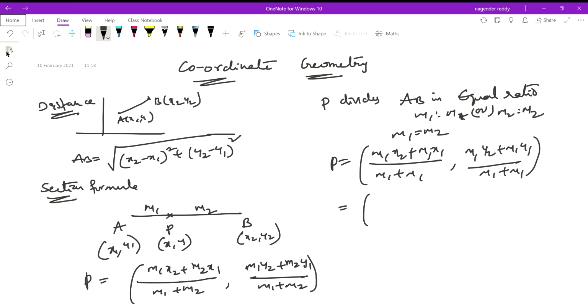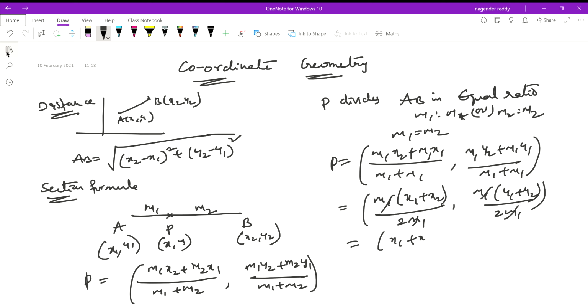What is common? m1 is common, into x2 plus x1 or x1 plus x2, because it is commutative. Then m1 plus m1 is 2m1, comma, if you take m1 common, then y1 plus y2, by 2m1. The m1 gets cancelled, then you have (x1 plus x2) by 2, (y1 plus y2) by 2.